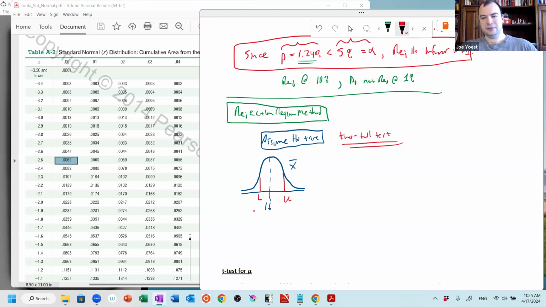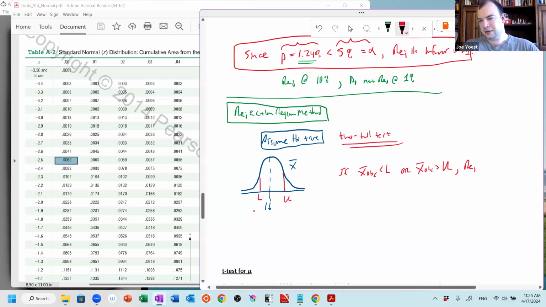I want my rejection criterion to be something like: if X bar observed is to the left of L or to the right of U, then X bar observed is sufficiently far away from 16, my null hypothesized mean, that I don't think it's just due to sampling error.